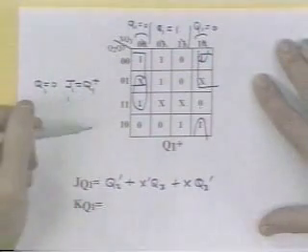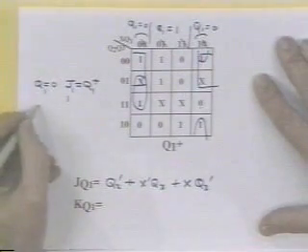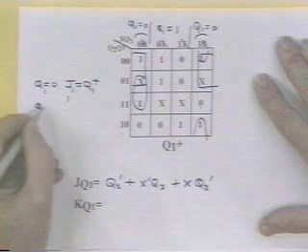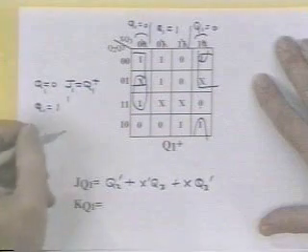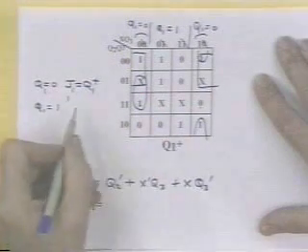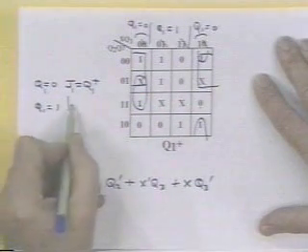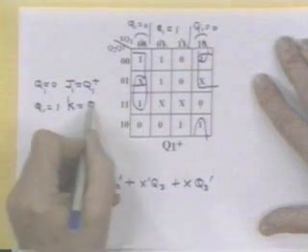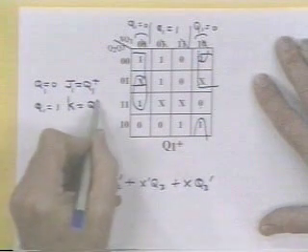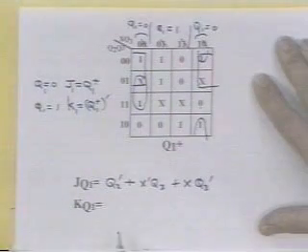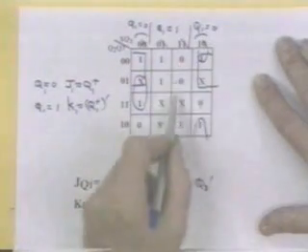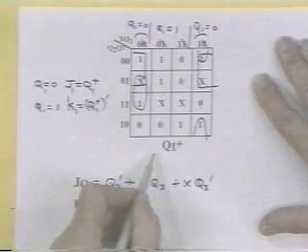All right, then if we look at the Q1 equals 1 half of the map, we find that K1 is equal to the complement of Q1 plus K1. So I'm going to read the zeros off of this half of the map.